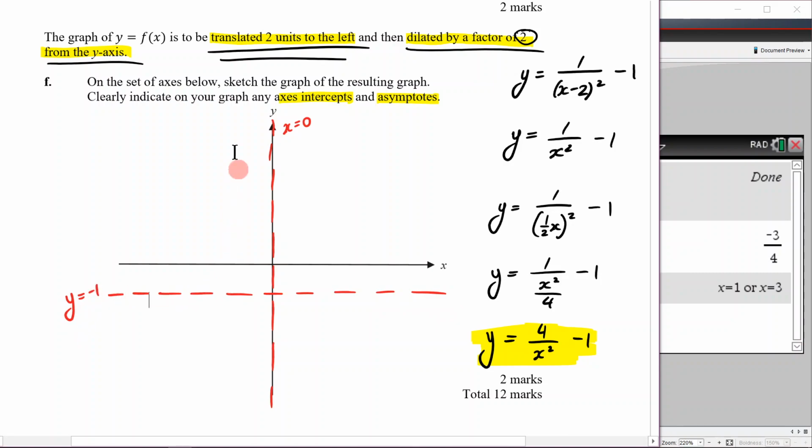Then I'm going to give this thing a sketch. So it's going to look like this. Like this. I then need to figure out what these points are going to be.